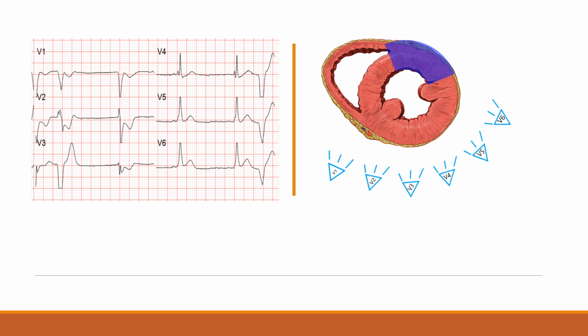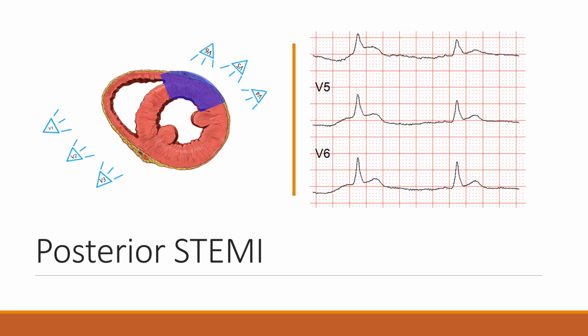So I've mapped this out here for you. V2 and V3 look at the front of the heart, so I have ST depression in the front, which makes me very concerned for the potential of a posterior STEMI, which the crew also were worried about. And so they did what anybody should do anytime you have ST depression in any of your anterior leads, which is V1, V2, V3, or V4. They took off V4, V5, V6, and they put them on the back.